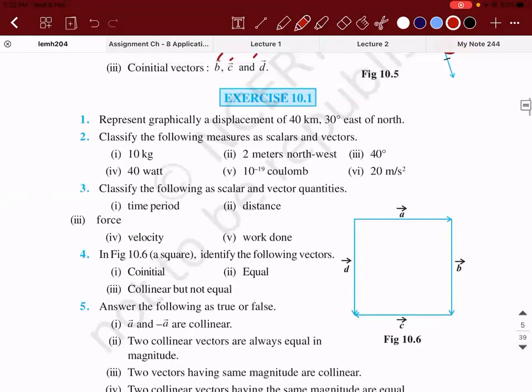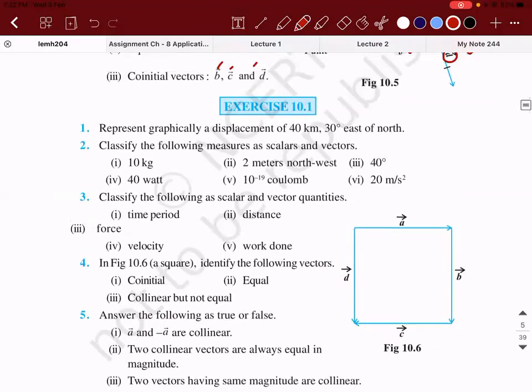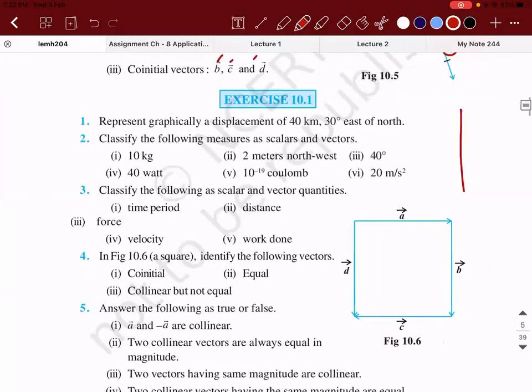Right. Now, represent graphically the distance of 40 kilometers, 30 degrees east of north. I will draw a plane like this: north, east, south, west. East of north means where should I start? I just now told, start with the word which is there after "of".